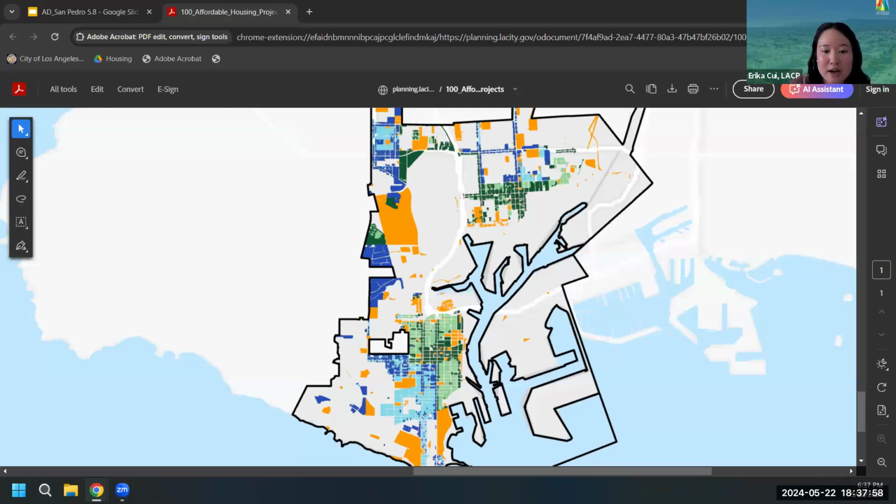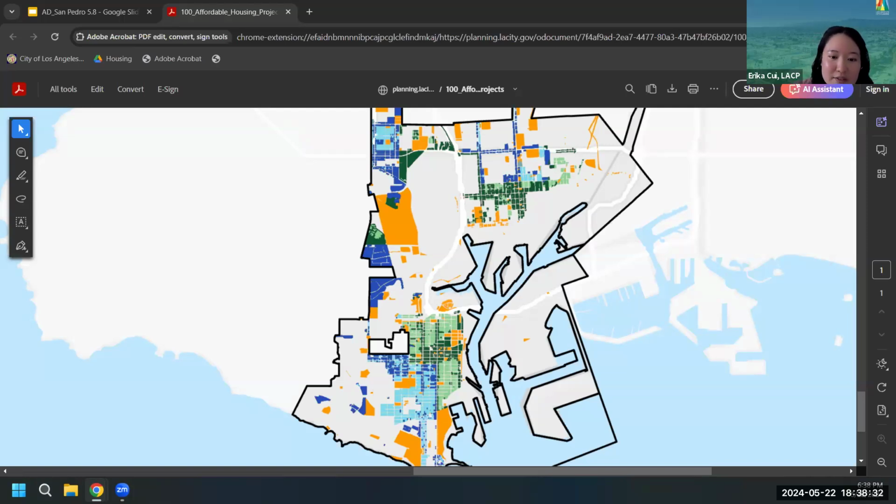That study broke the city up into what they call market tiers, and a market tier is basically the strength of the rental market and the for-sale market prices in that area. Low market tiers are generally areas of the city with lower rental costs and also lower for-sale costs. A high market tier would be an area with higher rental and for-sale costs.